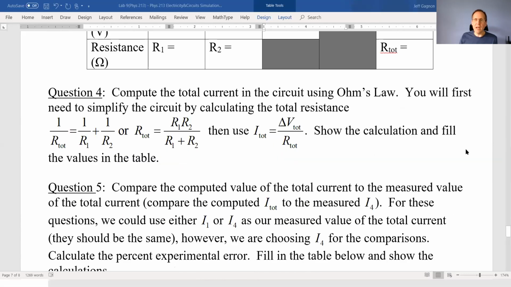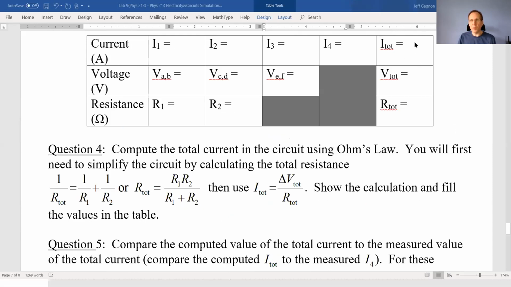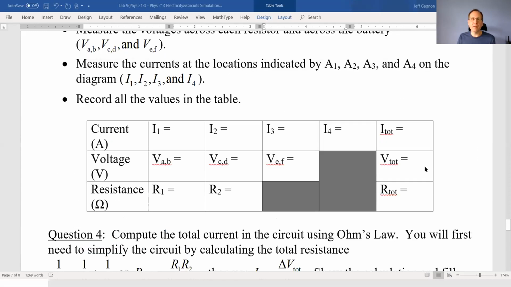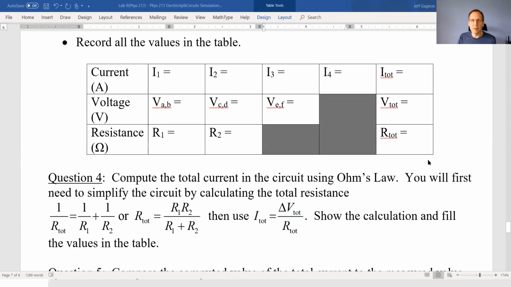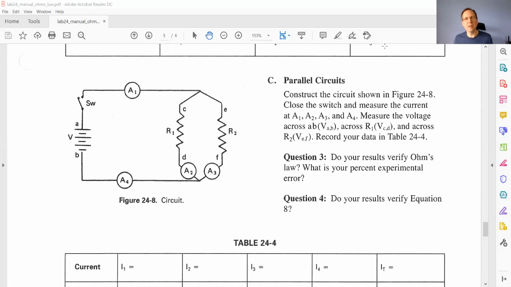Okay, question 5 is compare the computed value of the total current to the measured value of the total current. So compare your computed I total, and for measured, remember the parallel circuit looks like this.